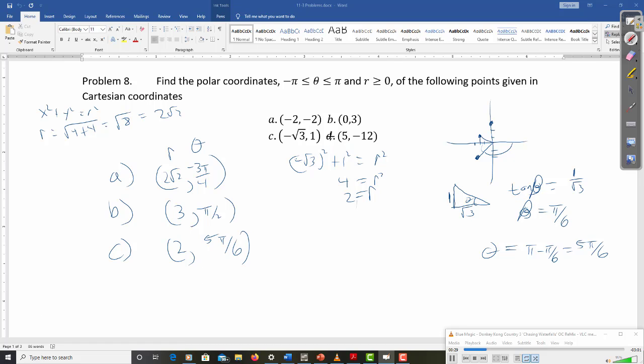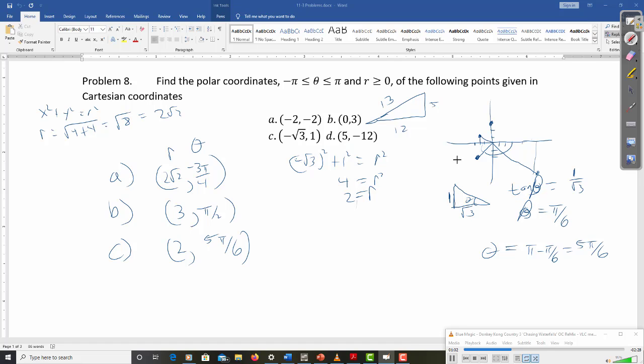And lastly, 5, negative 12, so 1, 2, 3, 4, 5, way down. I can't really draw it to scale, but it's in quadrant 4, so we're going to be doing a negative angle for that. I can tell the hypotenuse of that is going to be 13 because it's a famous triangle, the 5, 12, 13 triangle.